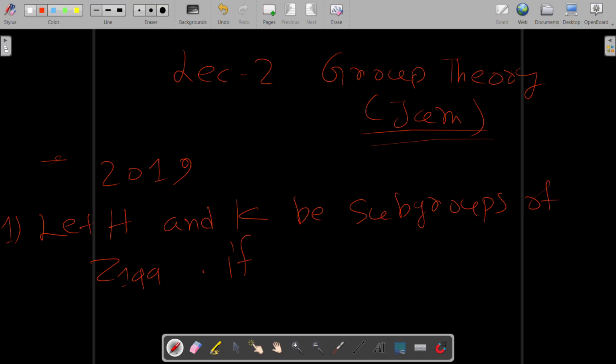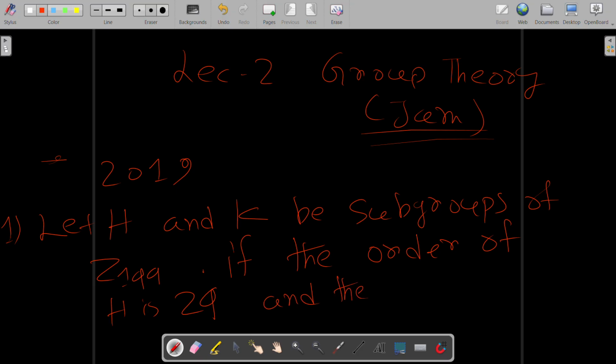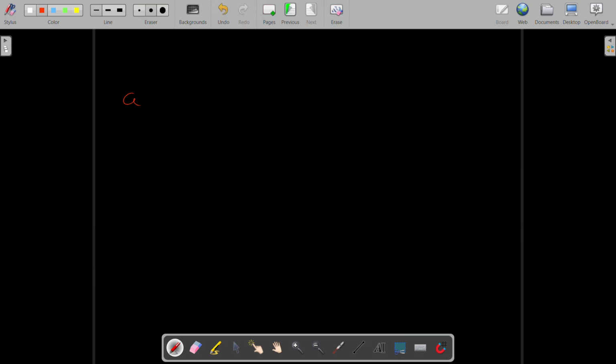If the order of H is 24 and the order of K is 36, then what is the order of H intersection K? You have to find it. The given options are A 3, B 6, C 4, D 12.